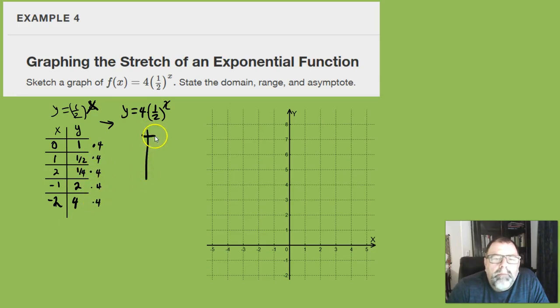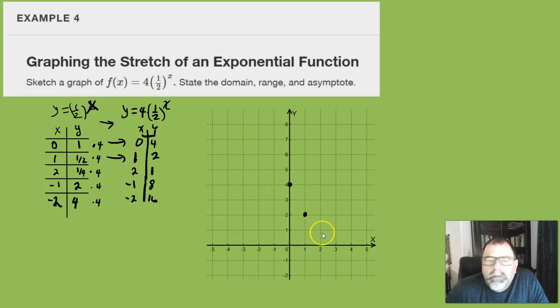So when I graph, this is going to get me (0, 4). At 1, 1/2 times 4 is 2. 1/4 times 4 is 1. And then this one is going to be -1, 8, and -2, 16. So let's see: (0, 4), (1, 2), (2, 1).